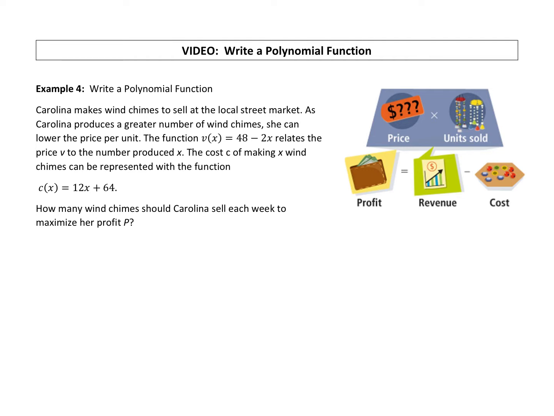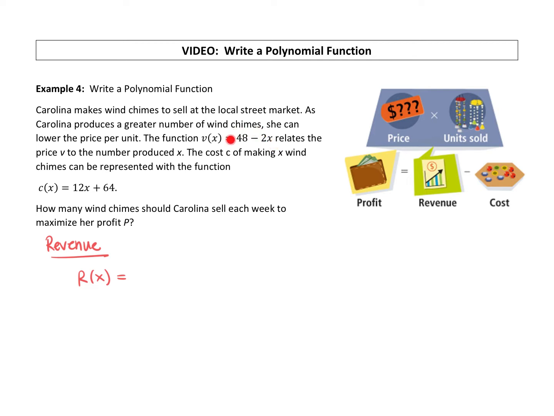All right, so we are going to write a couple new functions here, and we're going to make sense of this. So we're going to write a function for the revenue. Now, revenue is the money that she brings in. Like, this is her income. So how is she making money? She makes money by the price that she charges.